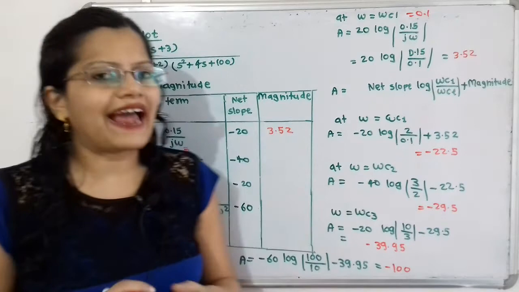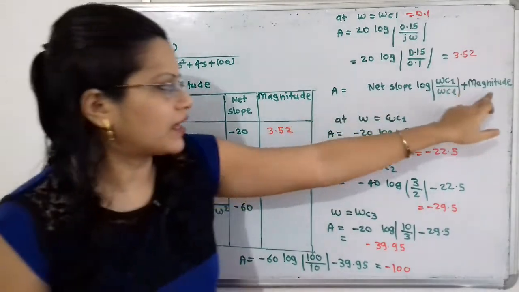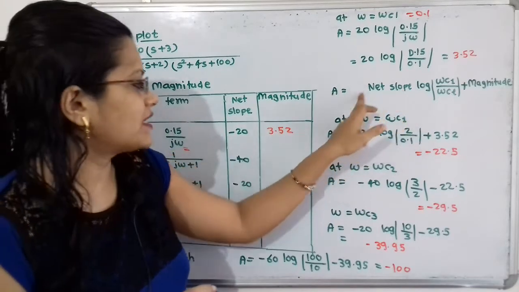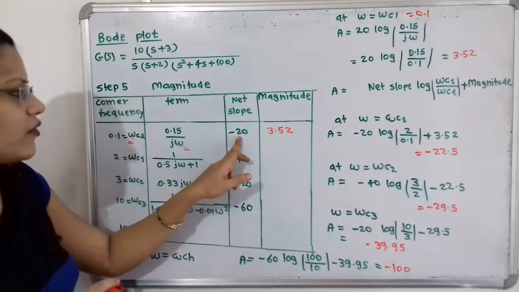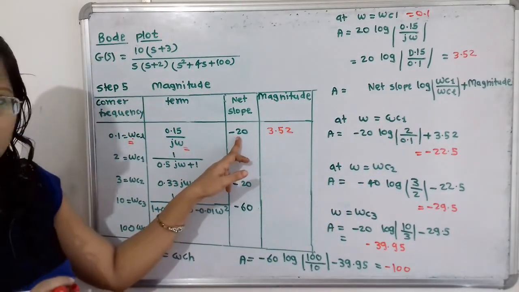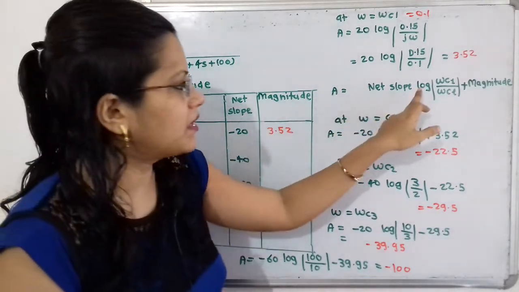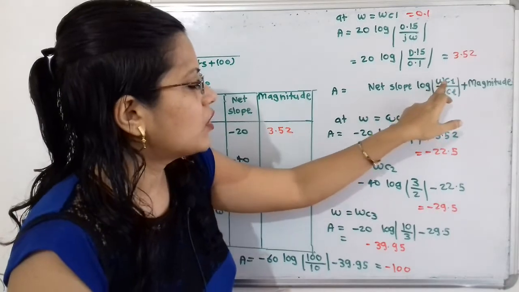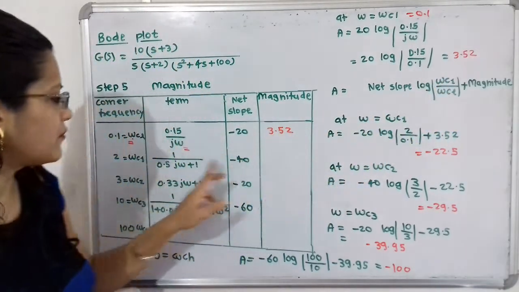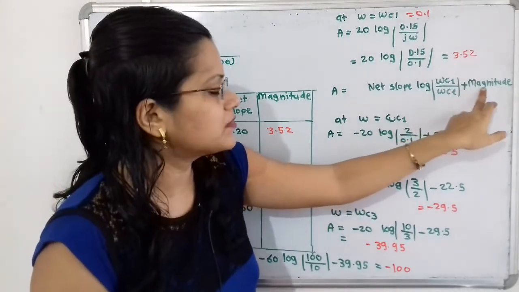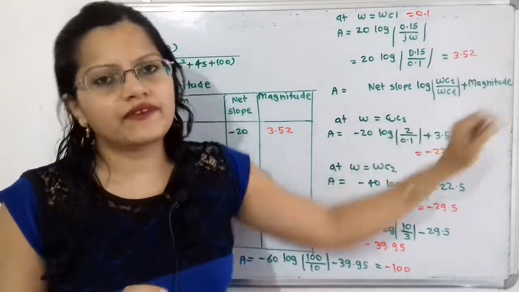Now after that we have to use this formula, that is magnitude is equal to net slope for previous frequency multiplied by log of corner frequency that we have to consider divided by previous corner frequency plus magnitude of previous frequency.